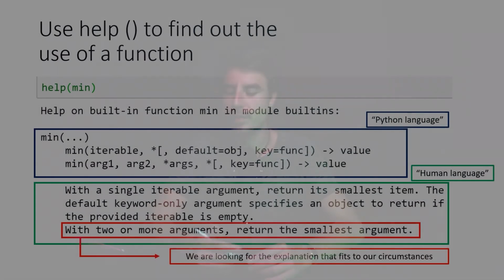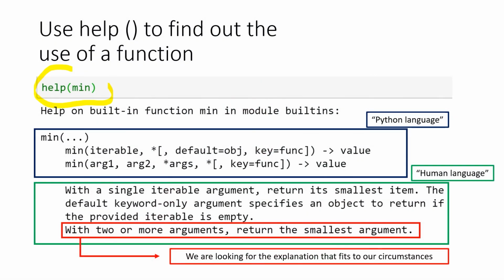Now, using the help function. Of course, we cannot teach you all the functions, and even I don't know all of the functions and how they work. But if you would like to look it up, you can just apply the help function to whatever function you want. Then you will get this maybe complicated overview here, but you will get more used to it later. So we could say that the first part here, the blue box, is the Python language, and the second part, the green part, is the human language.